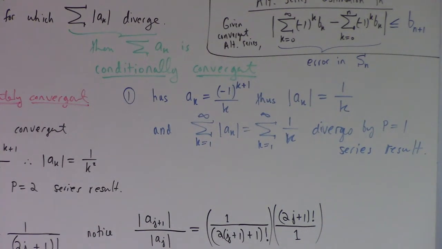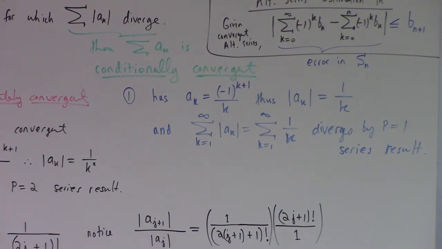That's not the case. Given the sum a sub k, given the series with term a sub k, it either converges or diverges. So this term is just another description of how it's converging. Conditionally convergent by definition means the series of absolute values diverges.